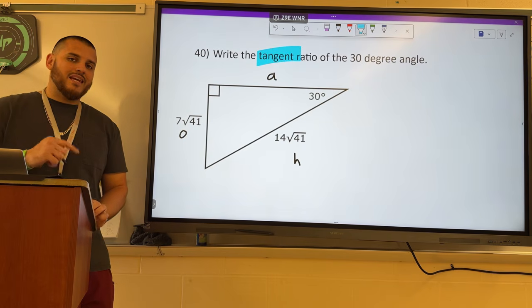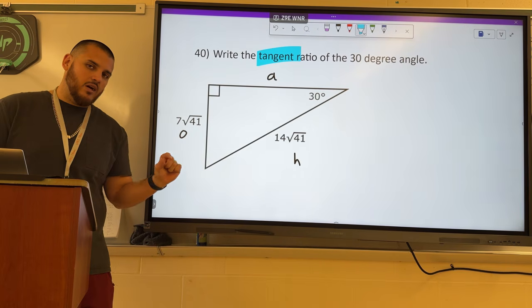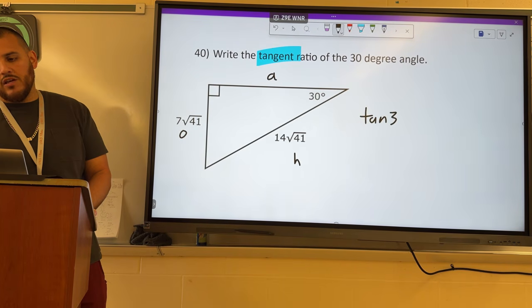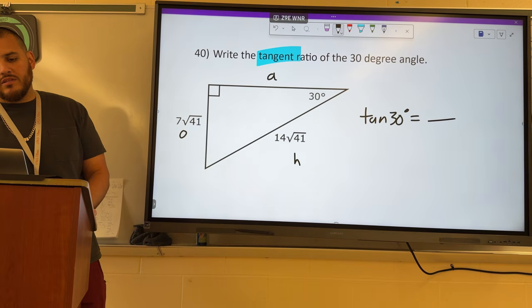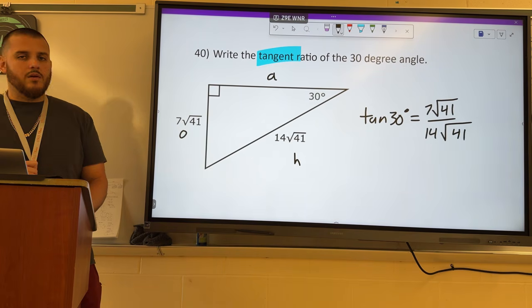SOHCAHTOA tells me the tangent ratio is opposite over adjacent. SOHCAHTOA, T-O-A is in there in the spelling. So the tangent of 30 degrees equals opposite over adjacent. So 7 times the root of 41 over 14 times the root of 41.